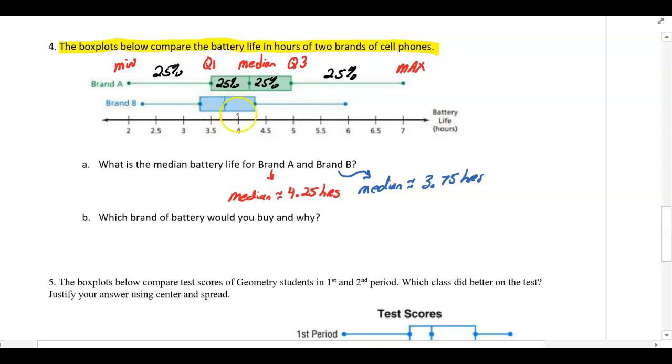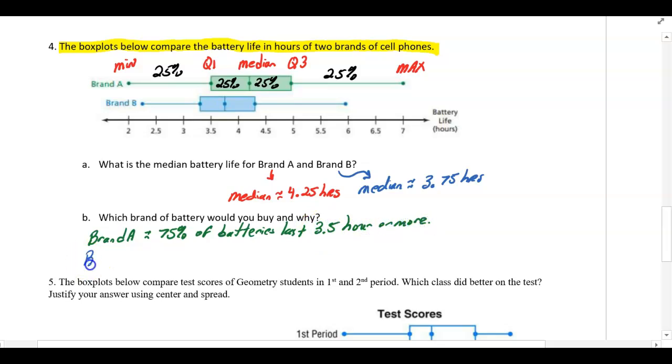And if I want the longest length, if I look at brand A, approximately 75% of the batteries last 3.5 hours or more.